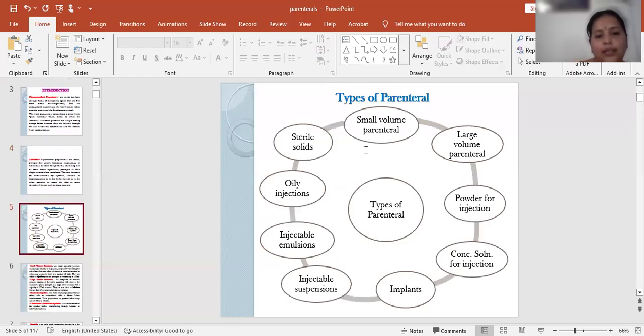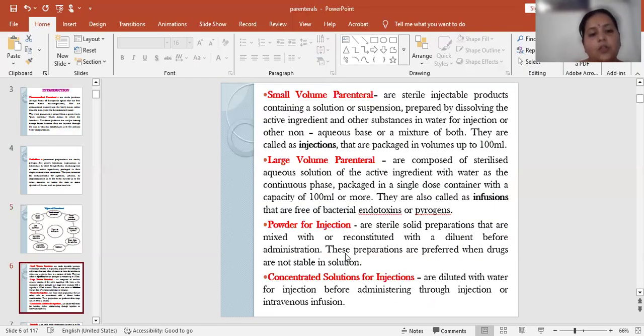Coming up, they can be broadly classified into types of parenterals. Types of parenterals: we have small volume parenterals and large volume parenterals, powders for injection and concentrated solution for injection, implants and injectable suspensions, and oily suspensions and sterile solids. Coming to the small volume parenterals, these are sterile injectable products containing solutions or suspensions.